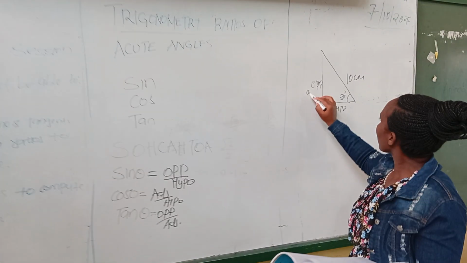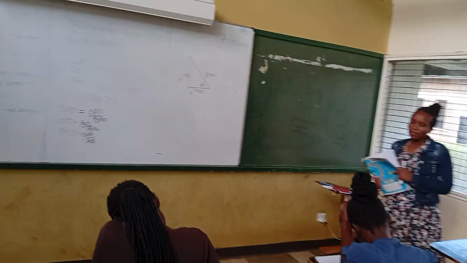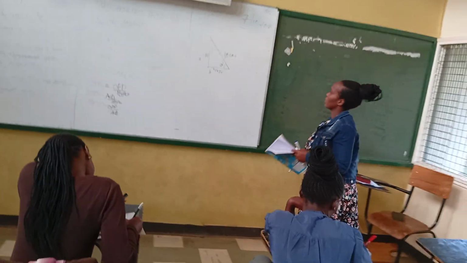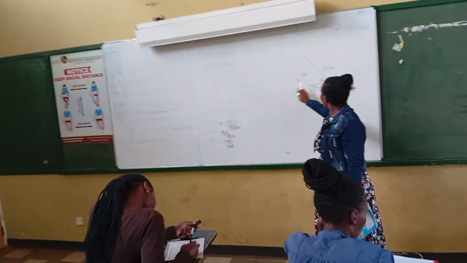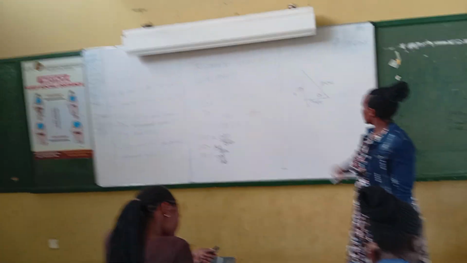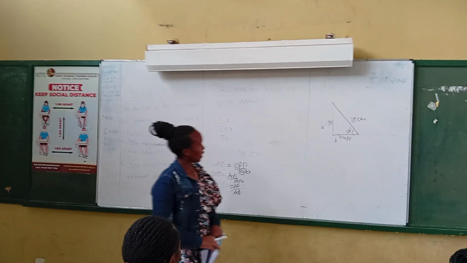So we can use our A and B. We have an angle of 30 degrees, and one of the sides, the hypotenuse, is 10 centimeter. We have been told to find the two sides, the opposite and adjacent.